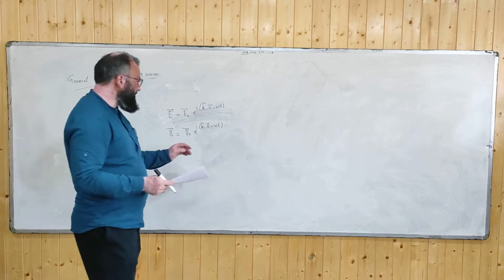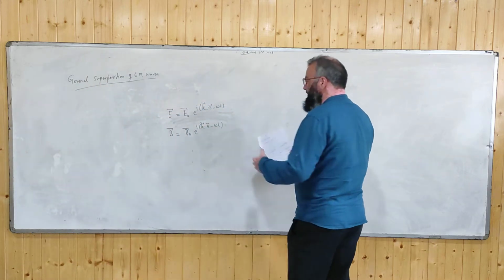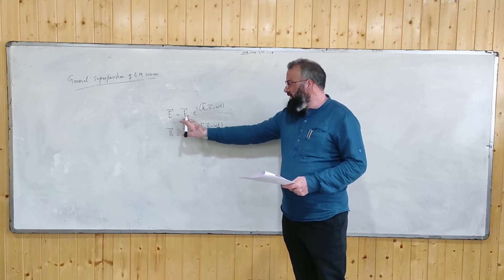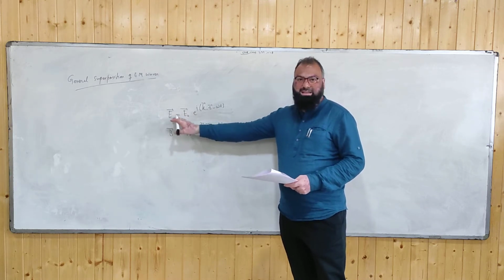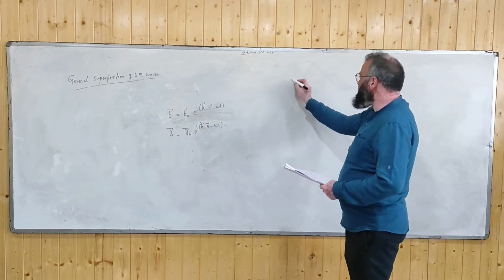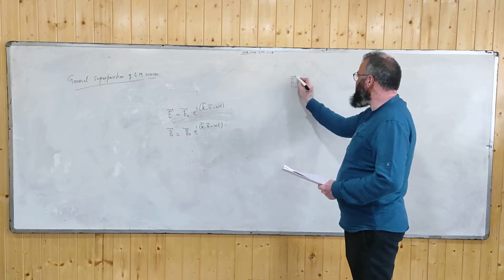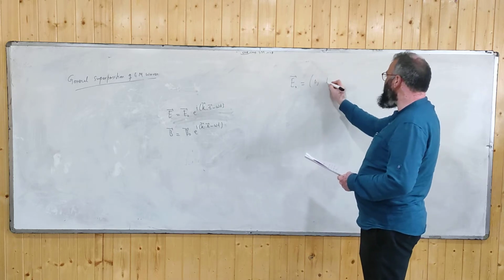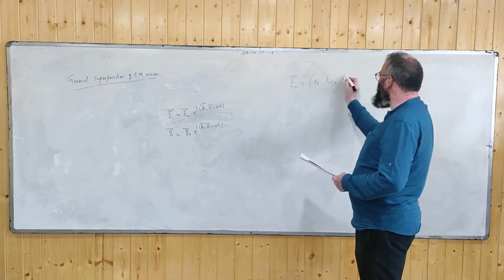Now, since E0 is a constant vector, it simply specifies the direction of this E, in which plane this E is oriented. Let me write this E0 as (0, E naught, 0).